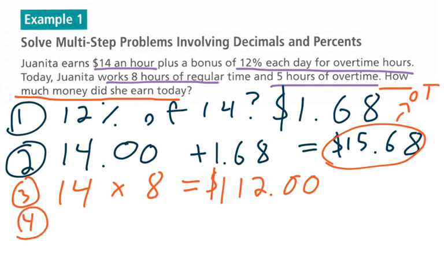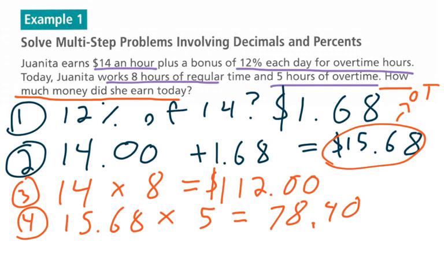But now we got to figure out what she was getting for overtime. So we're going to take this $15.68, so that's what she gets for 1 hour of overtime. And we're going to multiply it by how many hours she worked overtime. And it says she worked 5 hours, so we're going to multiply that by 5. And when we do, we get $78.40. So the 112 is what she's getting normally, and then that $78.40 is what she's getting for overtime.